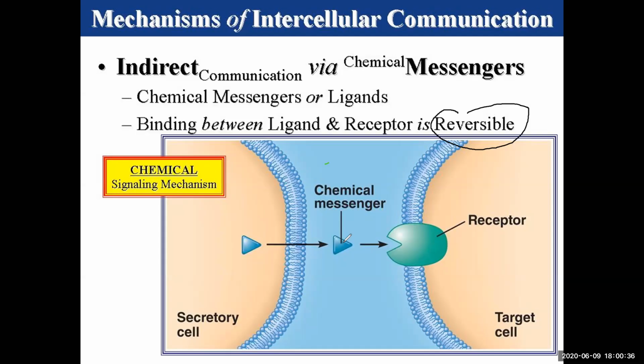So all new incoming signals are by default new because any old messenger would have been neutralized already. As soon as they have done their job, they would be killed off. So that's an important mechanism for cells to be able to recognize between old messages that are already there versus a newly incoming message.